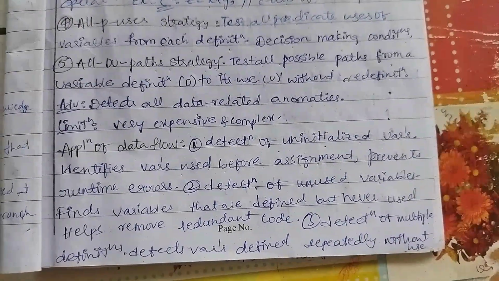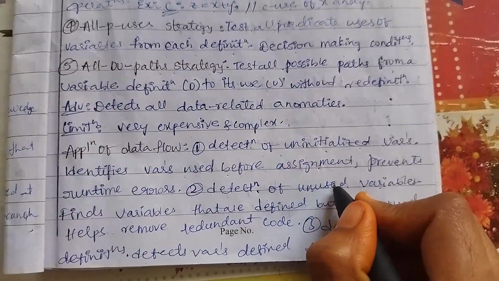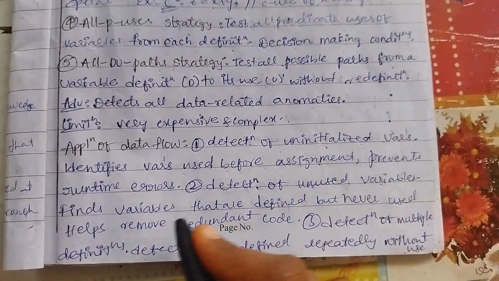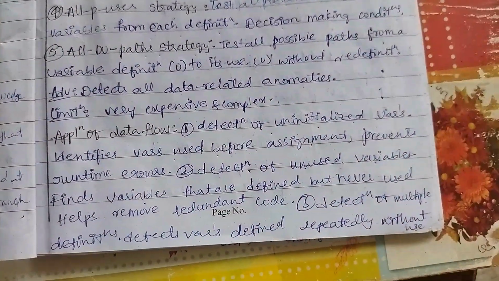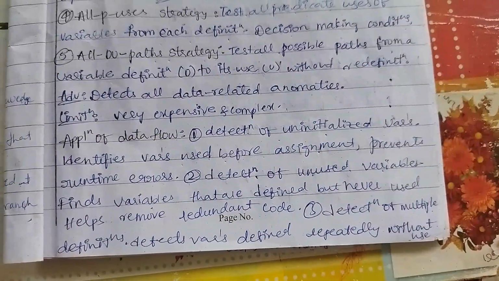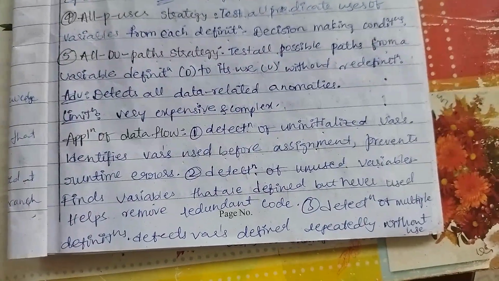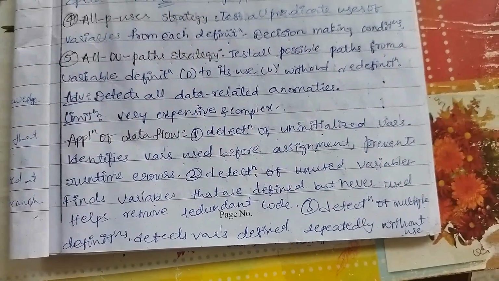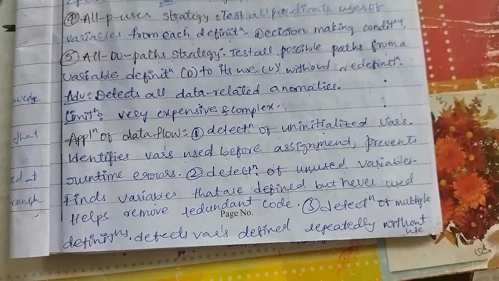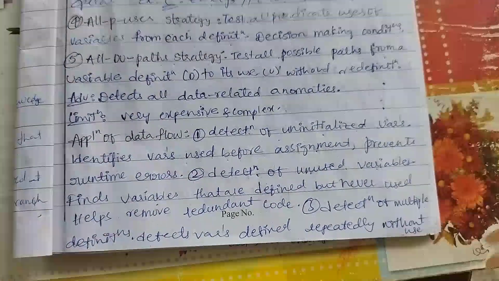Unused variables, the ones not being used, should be identified. After getting uninitialized variables, then find variables that are defined but never used.